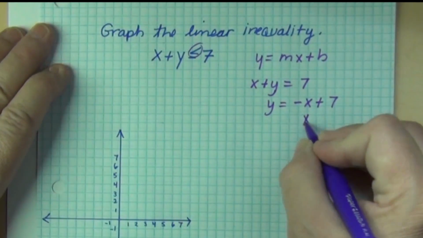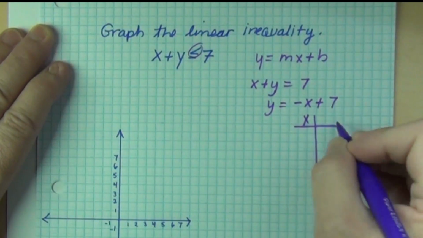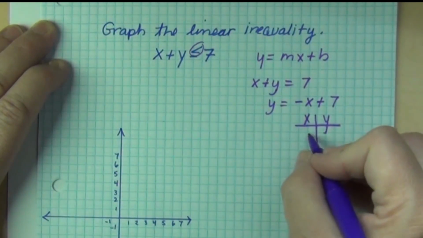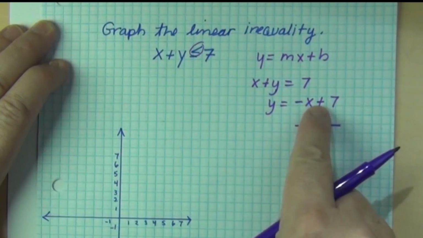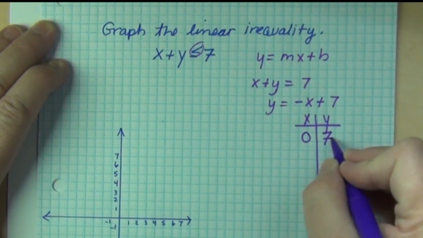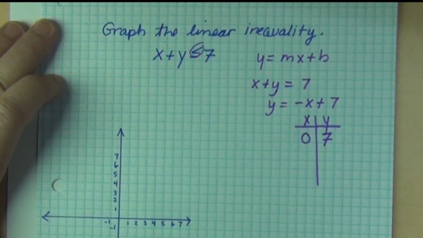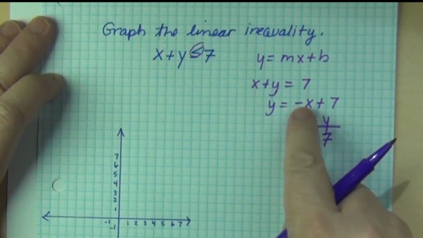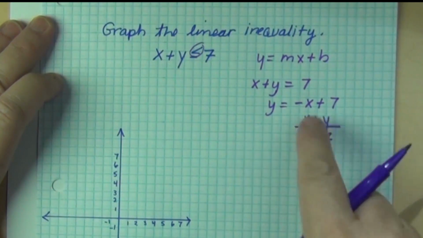You can graph that by using the information on a slope-intercept or plotting a couple of points. I think I'm going to plot a couple of points. I'm going to put in 0 for x, and 0 plus 7 will give me the y that corresponds as 7. And then I think I will do a 7 for x, because I can tell that's going to be lovely. Negative 7, put the 7 in there.